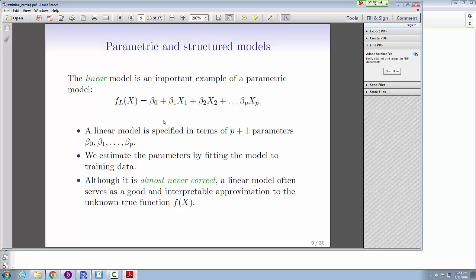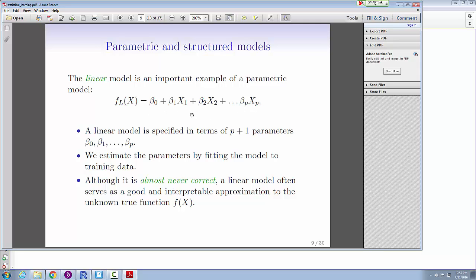Some of this is more relevant than others to us. One possible simple model is a linear model. We said this before. We could say that f of x, linear model f of x, is a regression model: intercept plus x1 effect plus x2 effect plus and so on. That's one possibility.